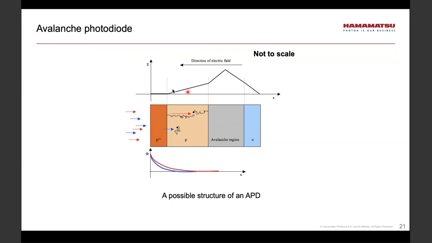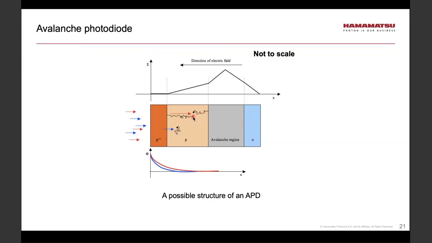At the top, we have the profile of the electric field. Please note that the electric field is not zero in this region, but smaller than in the avalanche region. So it is advantageous that when light comes in, it creates an electron-hole pair not in the avalanche region, but outside of it, either on the left-hand side as shown here, or on the right-hand side, not shown.